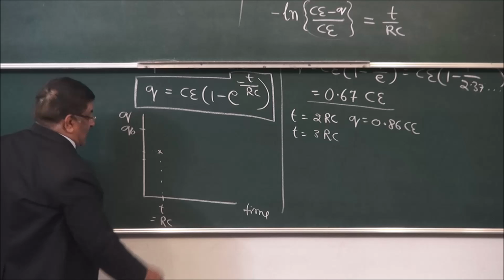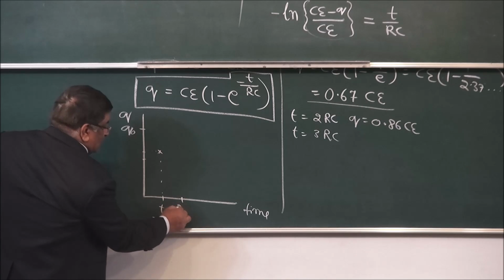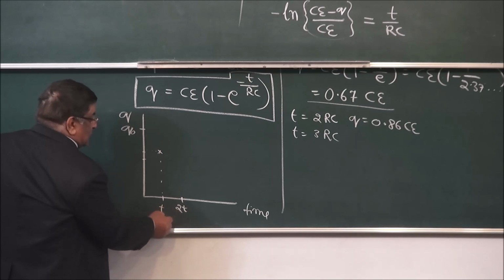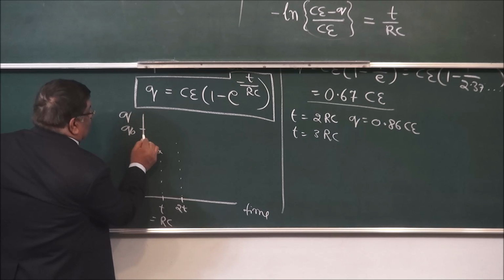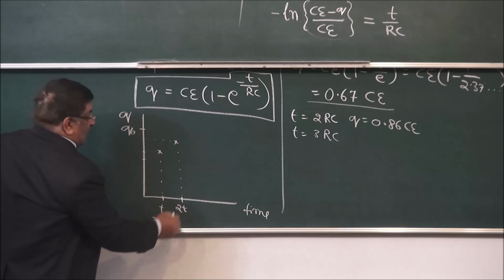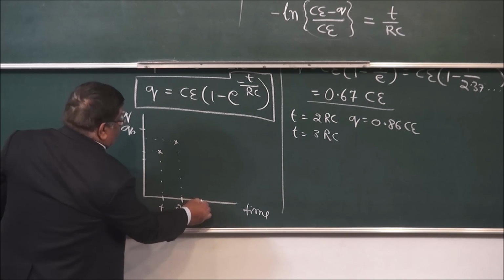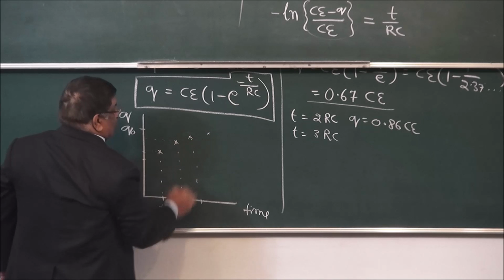After 2t, this is 2RC, and this becomes 0.86. This is 0.9, 0.86 here. After 3t, it becomes 0.9 something. And after 4t, it is here.